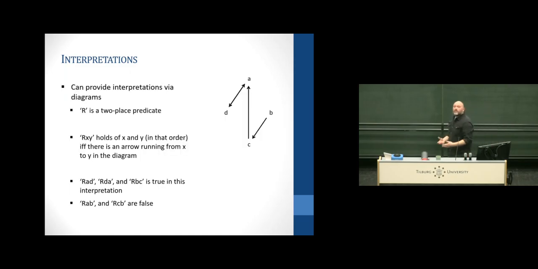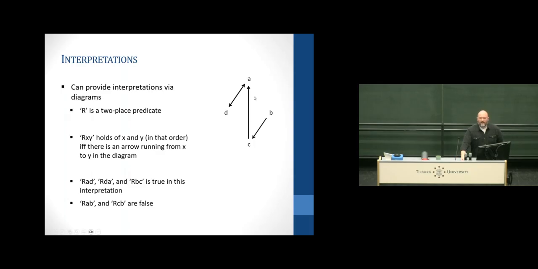Notably, you can also build these sorts of things with diagrammatic models. So you can draw some nodes. You've got 1, 2, 3, 4 nodes. And then we can just draw arrows to represent relations holding.